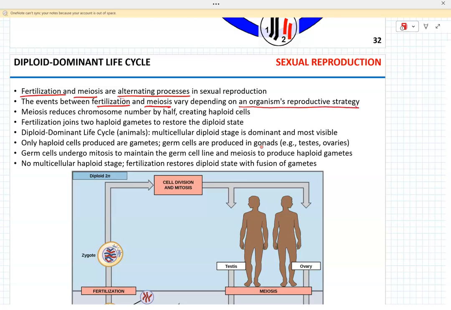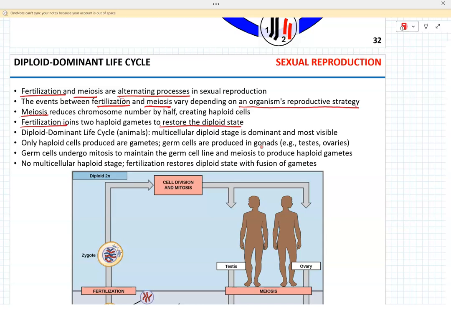Now, just a reminder that meiosis reduces the number of chromosomes by half, and results in haploid cell production, while fertilization includes the merging of two haploid gametes and the restoration of the diploid state.